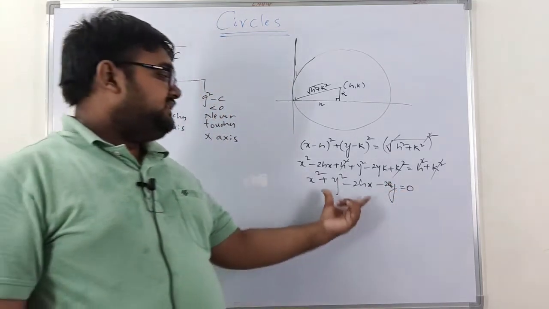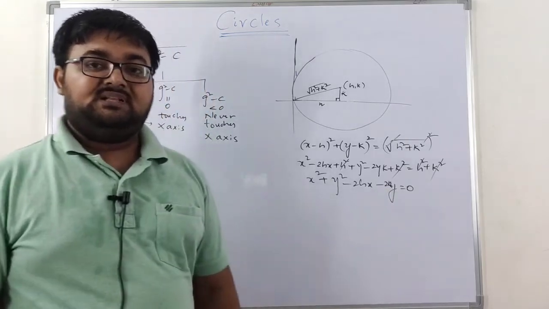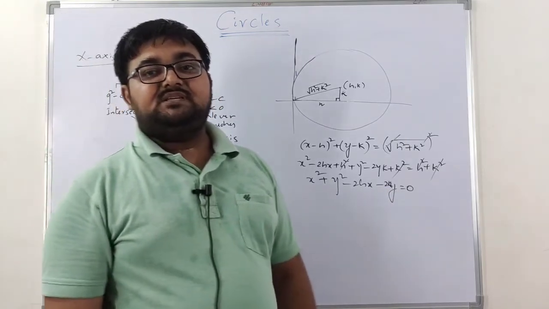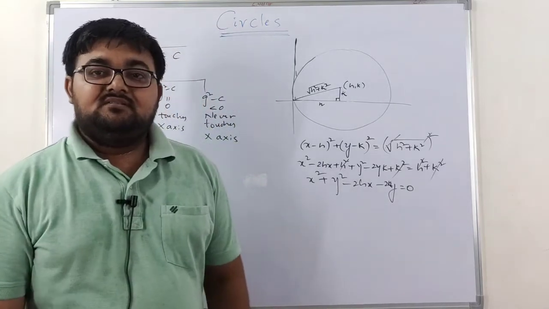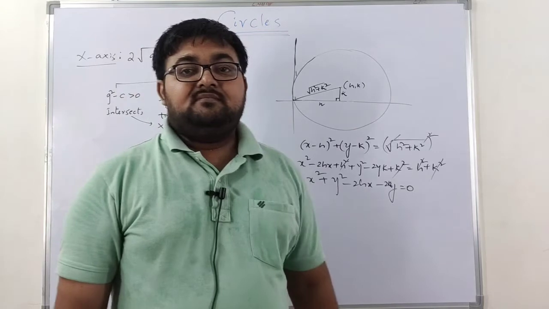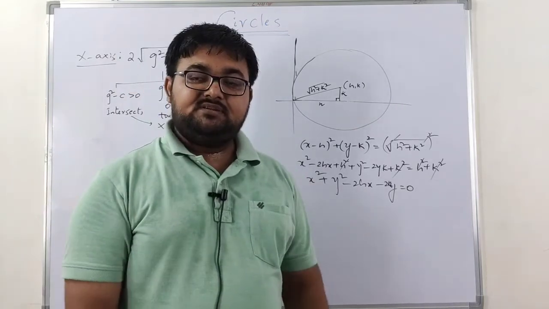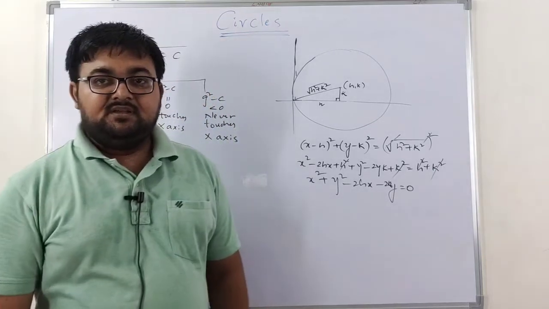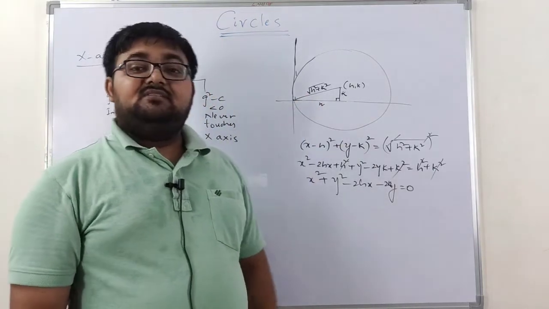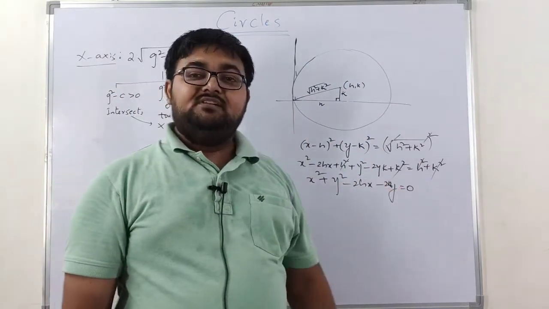Now if you observe this equation, the constant term is missing. We have discussed in the earlier class that when the center lies on the x axis, the y coefficient will be missing. When the center lies on the y axis, the x coefficient will be missing. When the circle passes through the origin, the constant will be missing.